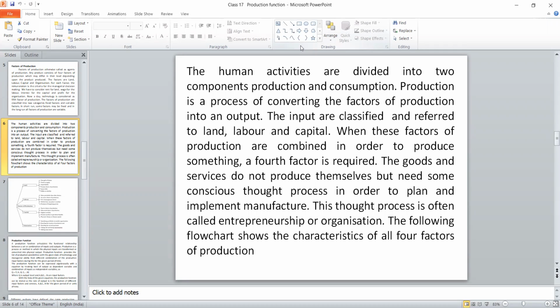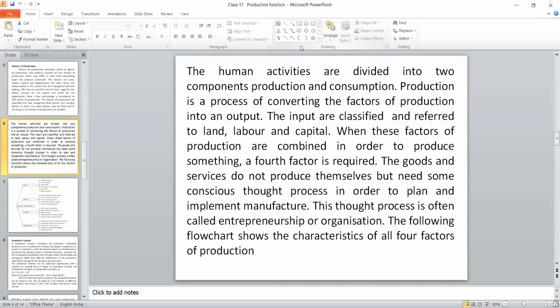I need a place to produce that. So I have to get a tree from land, and I will appoint a carpenter for producing that. For that, I have to pay. So these three should be administrated. The fourth factor, organization, will come into the scene. This thought process is often called entrepreneurship or organization.